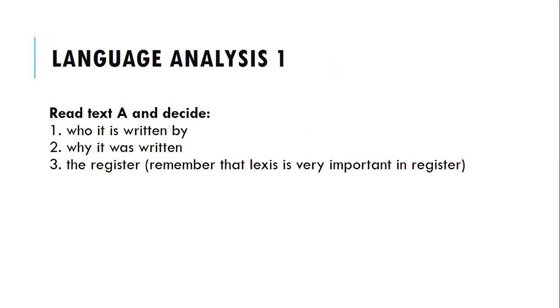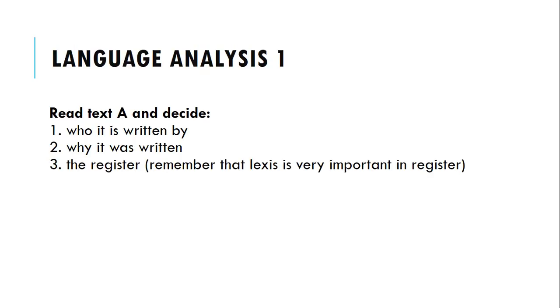Now, let's analyze the model or the sample of a letter. Read text A and decide, number one, who it is written by. Please keep in your mind about it. Number two, why it was written. Number three, the register. Remember that lexis is very, very important in register.